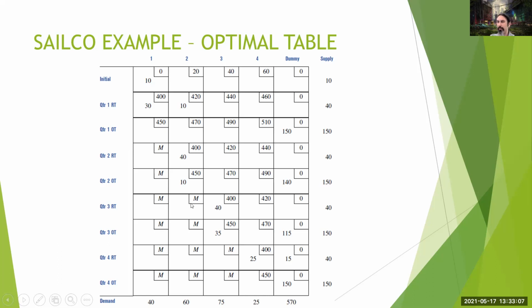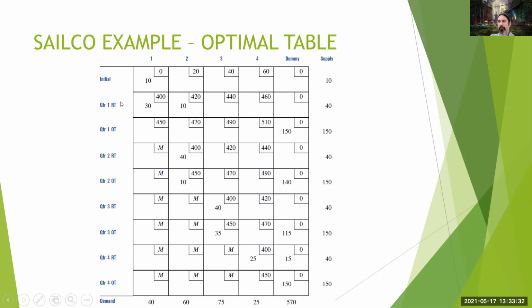Or you cannot produce in the third quarter and send it to the first 2, or you cannot produce in the fourth quarter and send it to the first 3. These are not allowed, so they have costs of M. And as you can see, after we have modeled this, and this is the dummy, zeros, all zeros, 570, we can see that, okay, the initial inventory is just used for the first quarter.